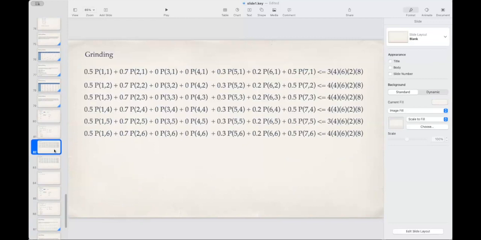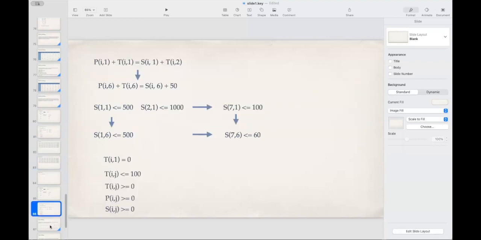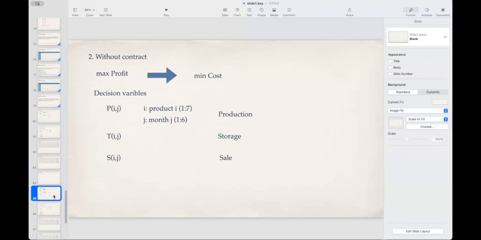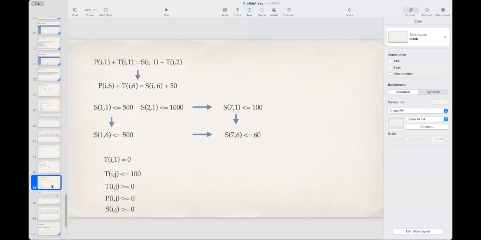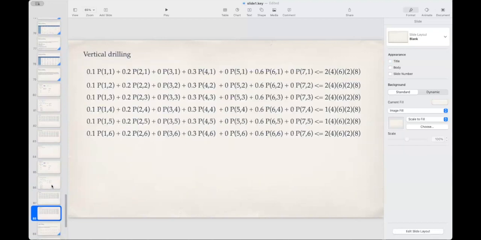What about this set of constraints? It is the same, right? It should be the same, right? Yes, this constraint must be the same. This is the without contract one. Okay, you need more for other machines.